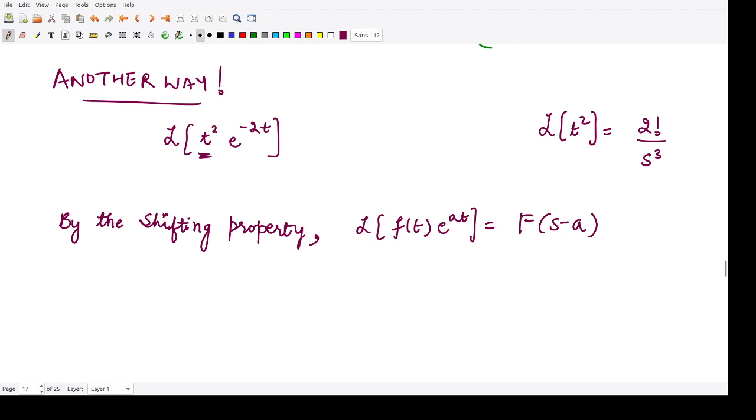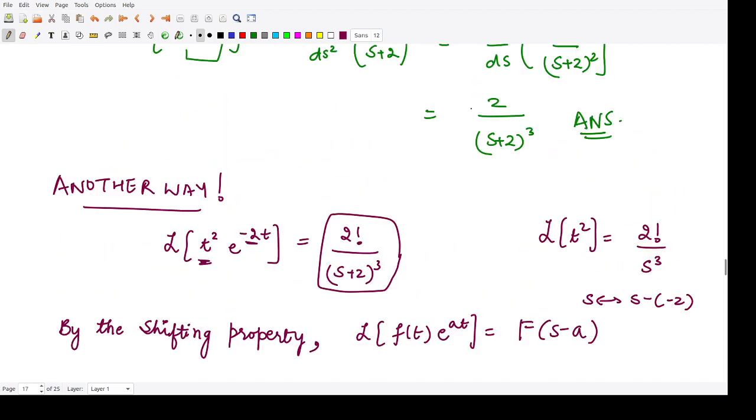In this case our a is minus 2, so we will replace s here by s minus of minus 2. So our final answer would be 2 factorial divided by s plus 2 raised to power 3. Now you see this is exactly the same as what we got over here.